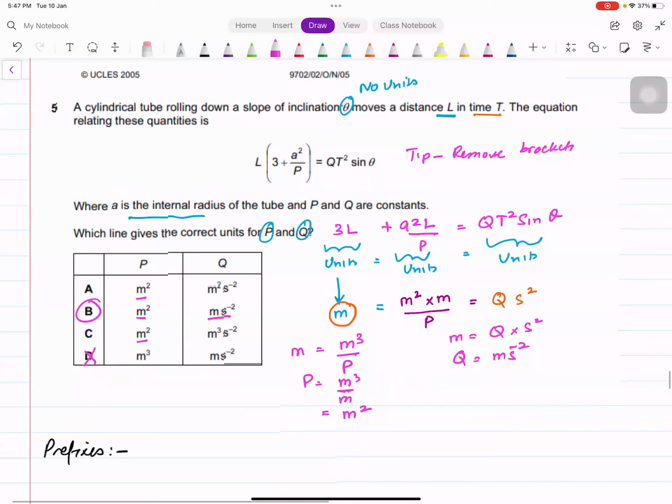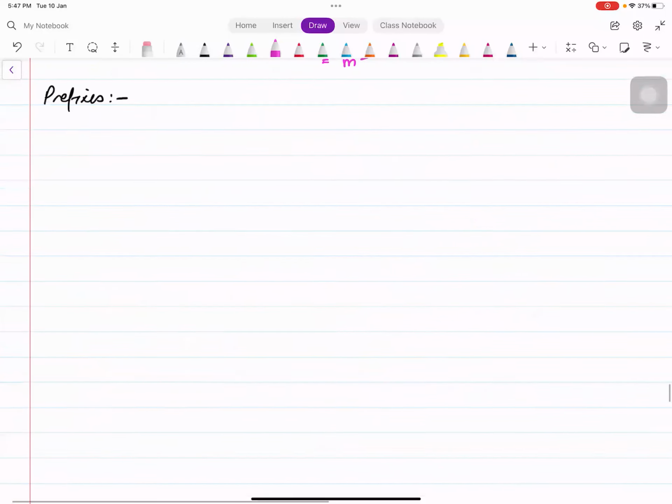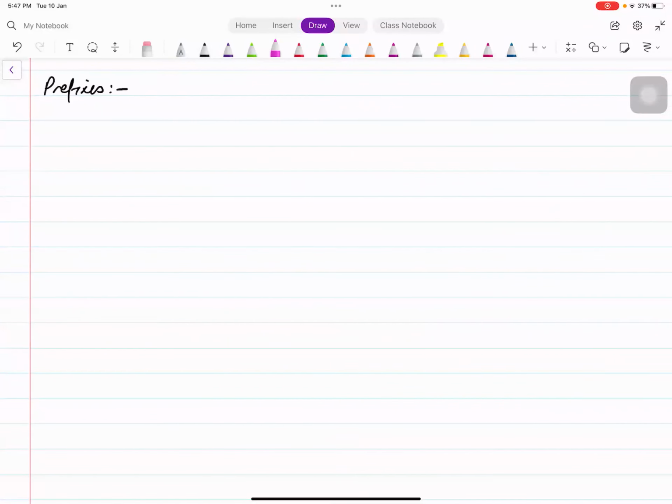Now, going on. Prefixes are basically one important part. You need to remember this. Prefixes are there to manage units.